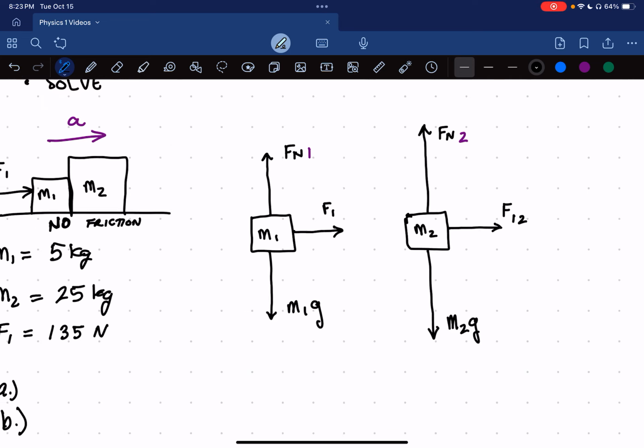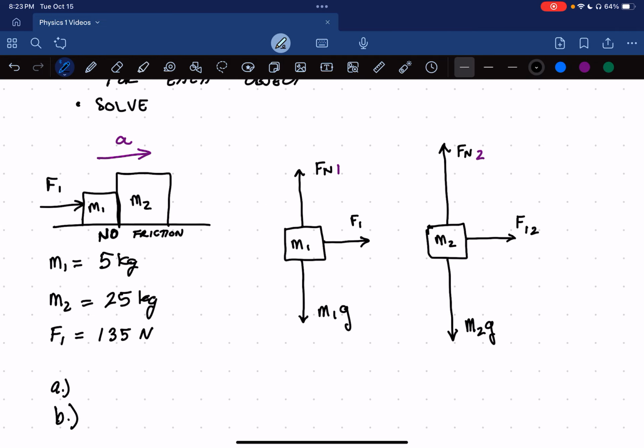And we're almost finished here. There's actually one more force we need to account for. This goes back to Newton's third law. If mass 1 is putting a force on mass 2, mass 2 will simultaneously exert a force equal in magnitude but opposite in direction on mass 1. I didn't draw them quite the same length, but they should be.